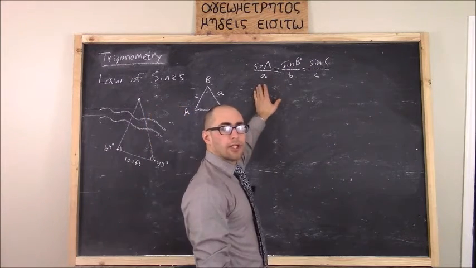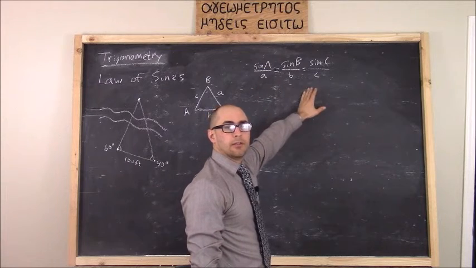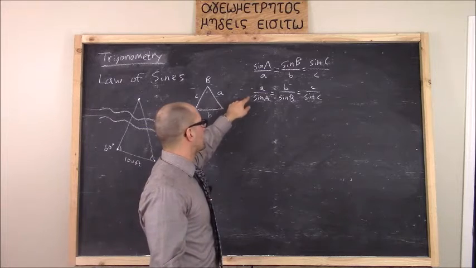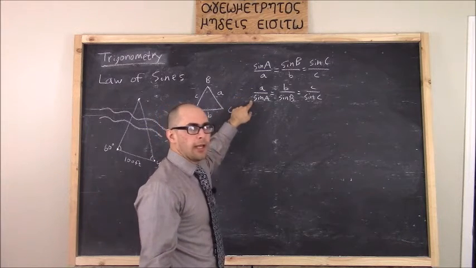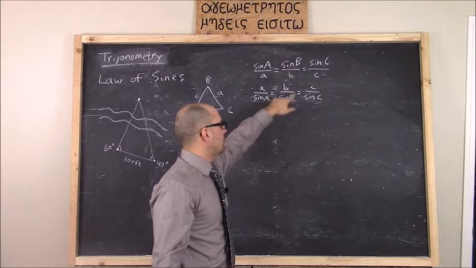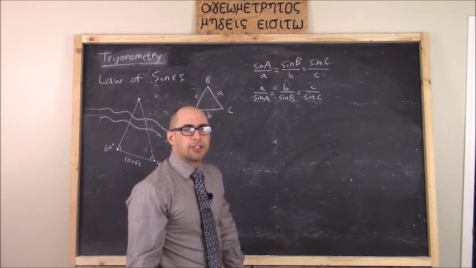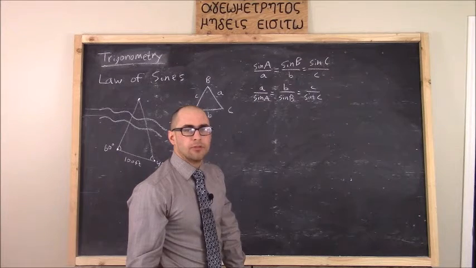There's a constant ratio between these three terms. Because the ratio is constant here, we can also take the reciprocal. a over sine A is equal to b over sine B equal to c over sine C. So depending on the application, one form may be easier to use than the other.